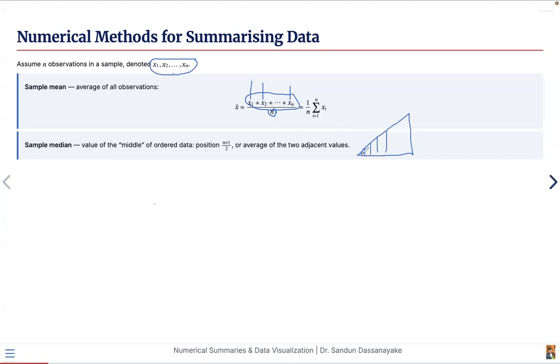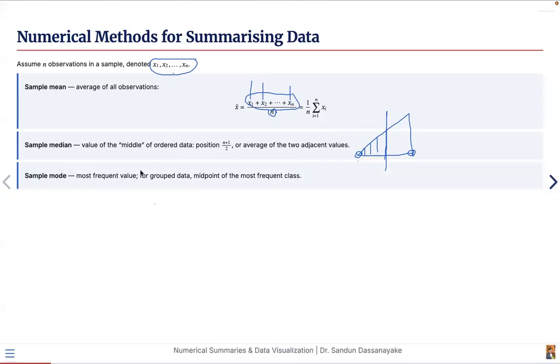If you think about the middle of this triangle based on the heights, the mid value would be somewhere in the middle. If the values are ordered from 1, 2, 3, 4, 5, 6, and say 6 values are there, then 6 plus 1 is 7, and 7 divided by 2 is 3.5. The third value and the fourth value, in between them you get the mid value, the median value. So that's the idea of the median.